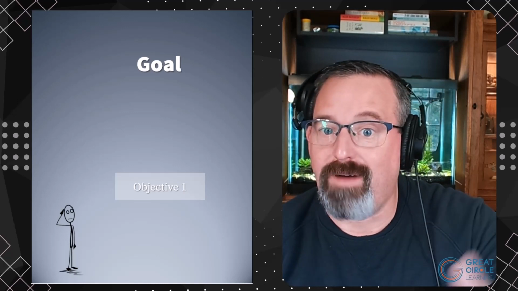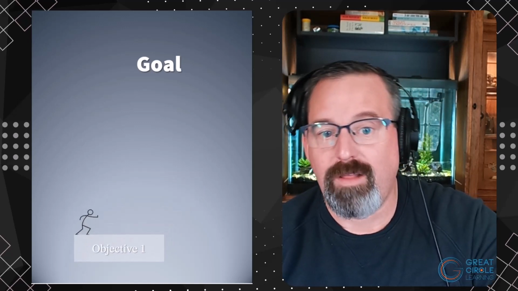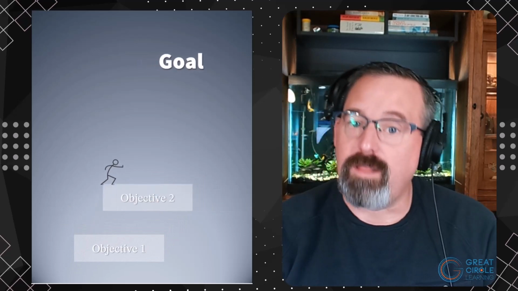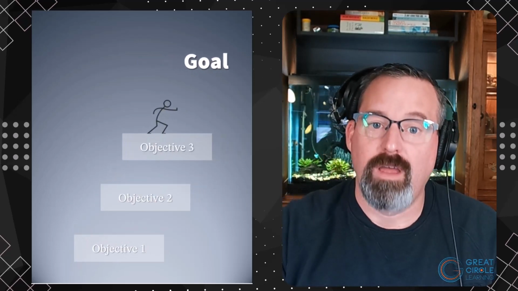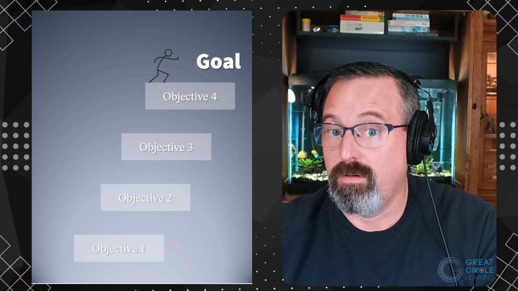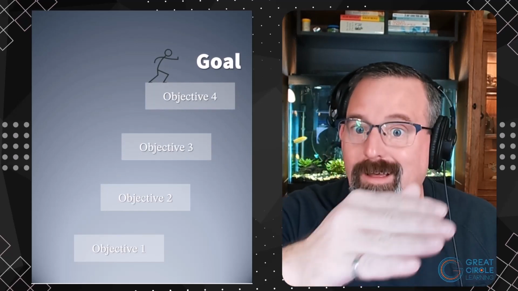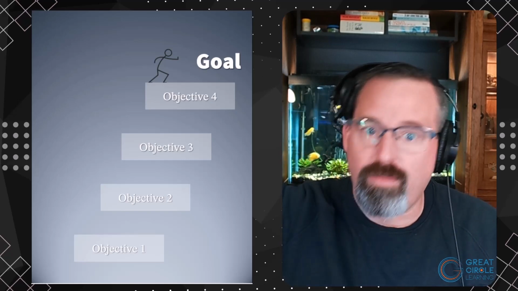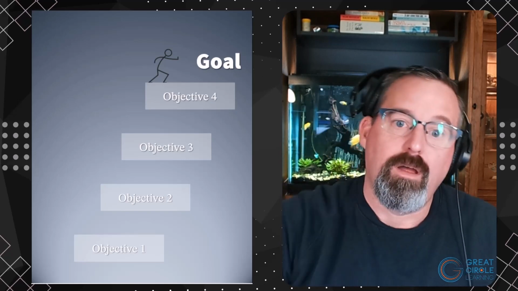As we define objectives, the learner is able to start working their way through those objectives and eventually get themselves to the goal of the course, or maybe it's the facilitator leading the learners through those objectives, getting them towards the goal, where ultimately everyone's able to find success.